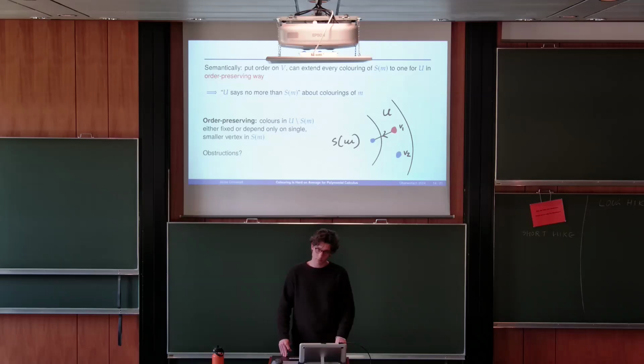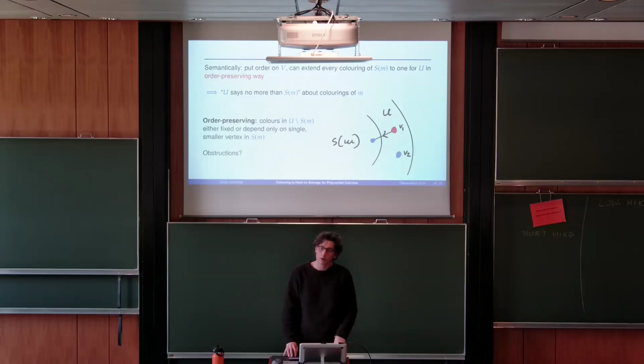This is the precise condition. I think he's defining S of M in such a way that everything in U is after everything in S of M. Yeah, exactly. Thank you. This just needs to hold if there is an edge between something in S of M and something in U: then the guy outside must be larger than the guy inside.